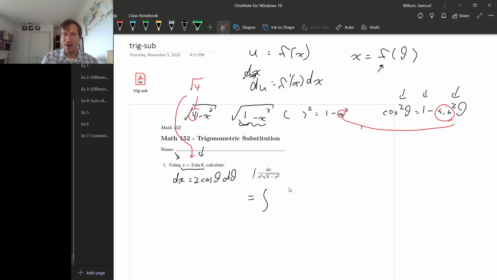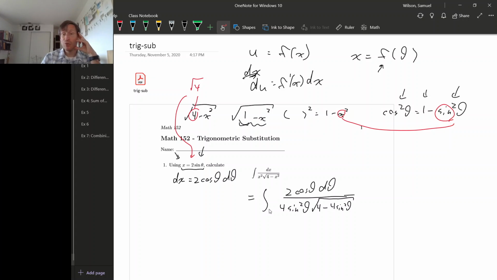So the integral of dx, so that's 2 cosine theta d theta, over x squared, but x is 2 sine theta, so that squared is 4 sine squared theta, times the square root of 4 minus x squared, but x squared is 4 sine squared theta.